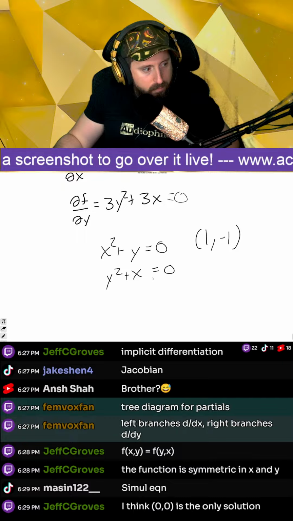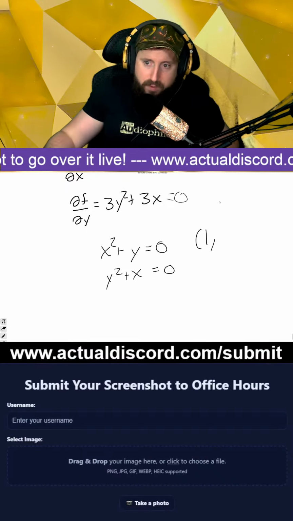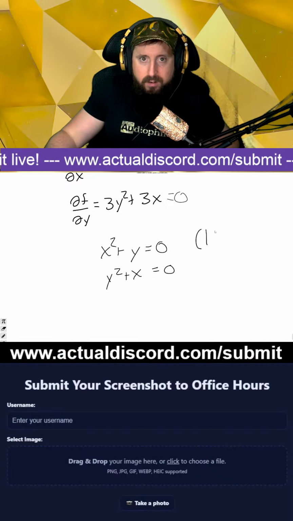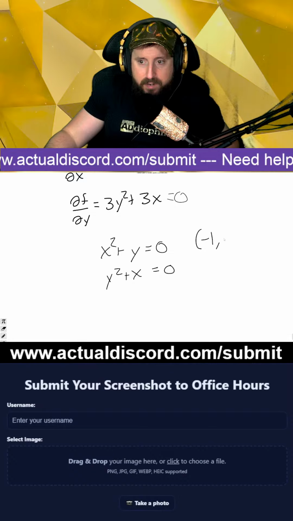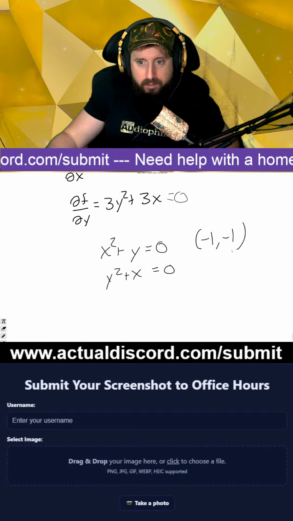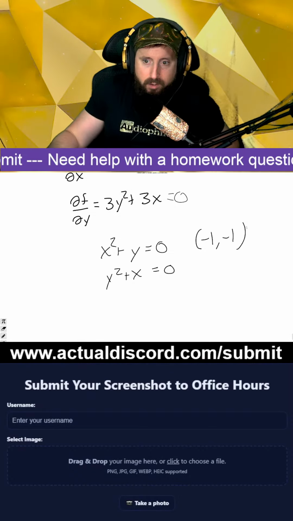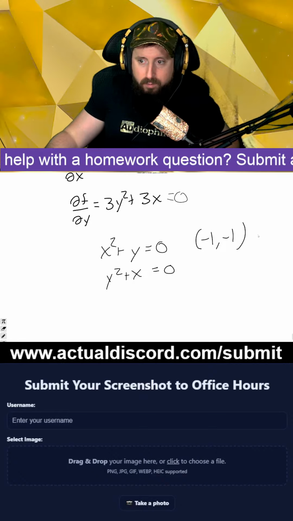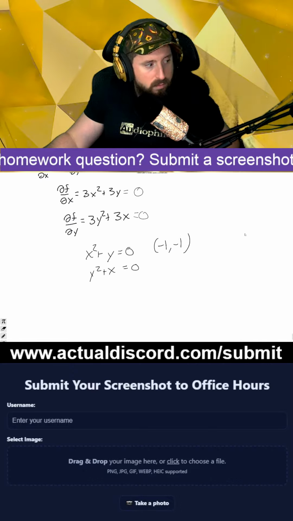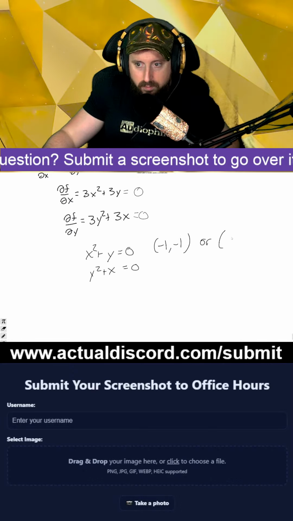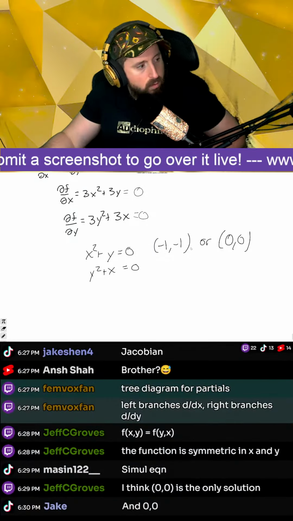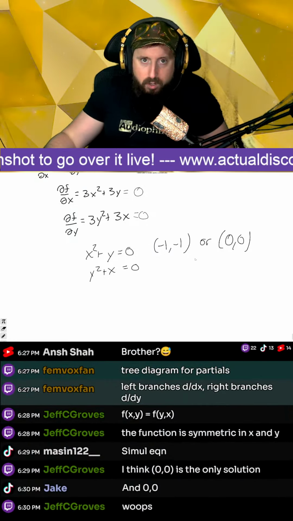Doesn't really work for this though. Oh, they both have to be equal to -1. Aha. No, I think -1 is also a solution, Jeff. Right? Because look, -1, -1, and also 0, 0. Okay, cool. So these are our critical points.